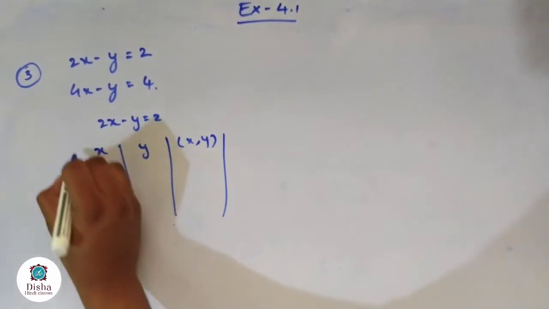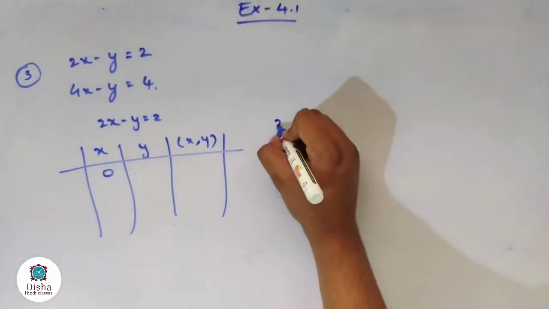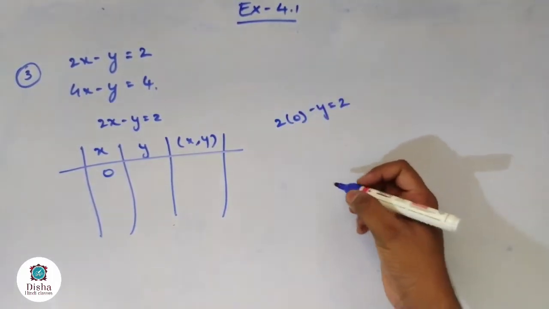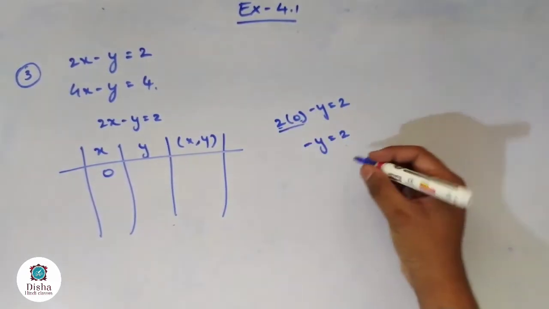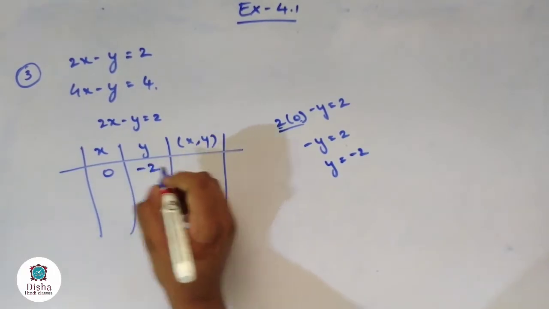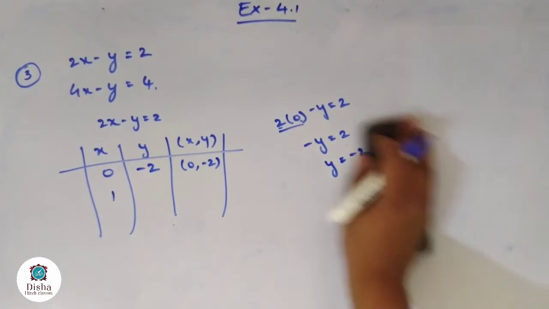So draw the box. Now if we take x value as 0, so 2 into 0 minus y equals 2, right? So minus y will be 2. This 2 into 0 will be 0 as it is. So y equals minus 2. So 0 comma minus 2. X equals 1.